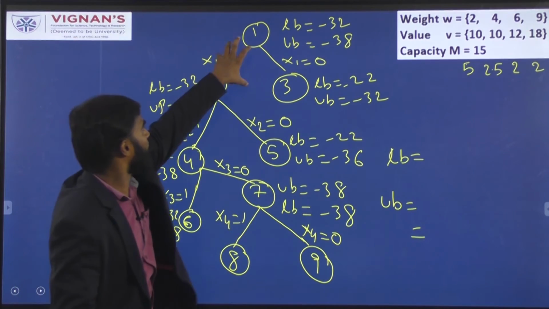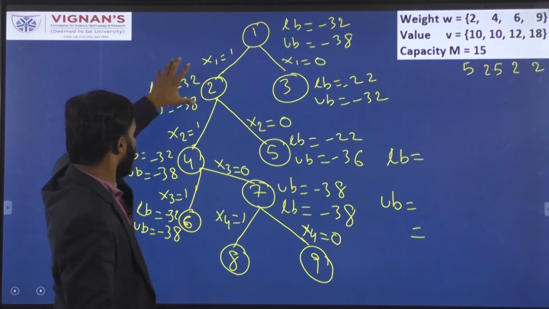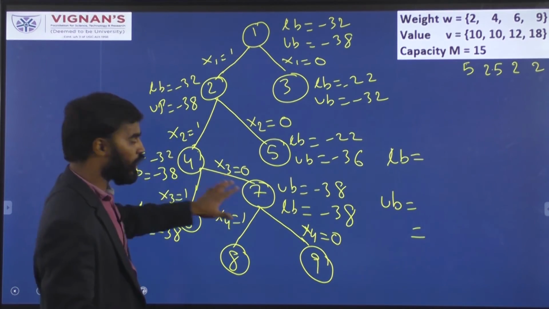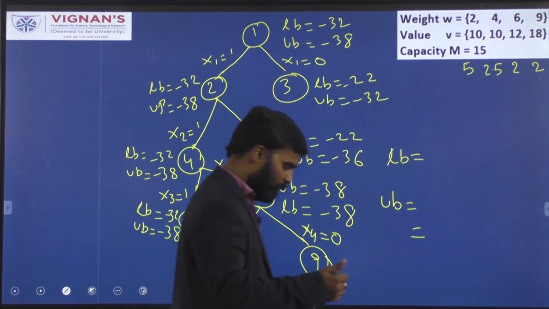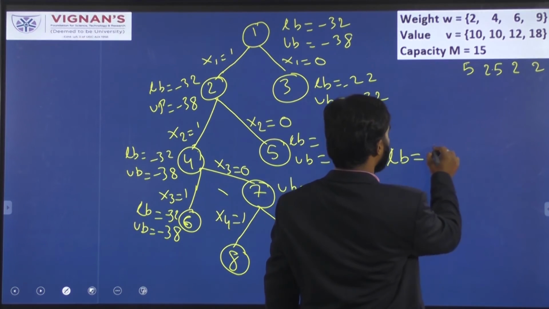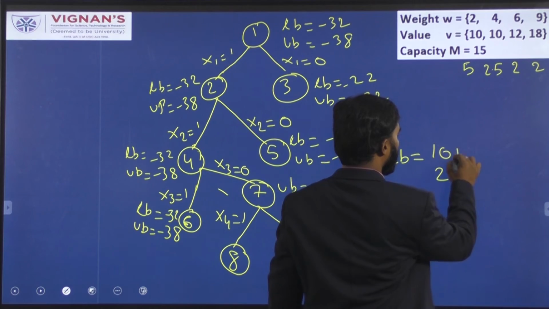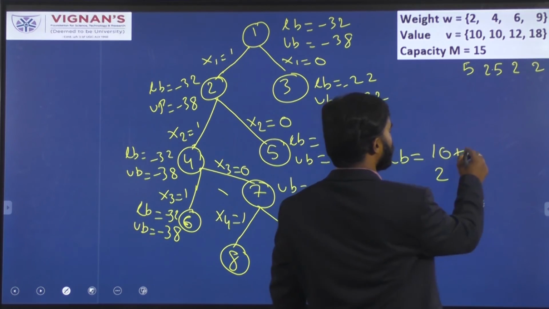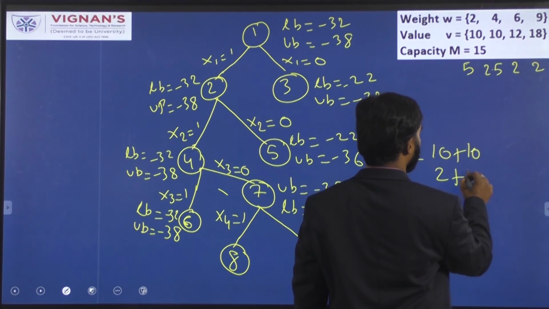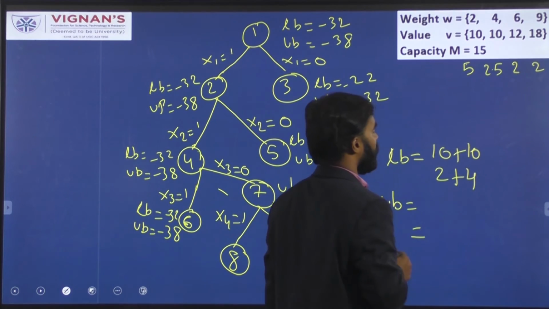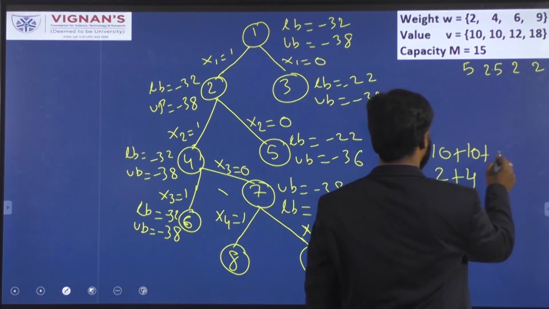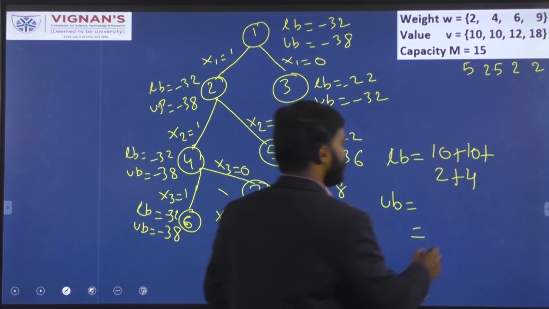Let's calculate the upper bound. Include item 1 whose value is 10 and weight is 2. Include item 2 whose value is 10 and weight is 4. And don't include item 3.